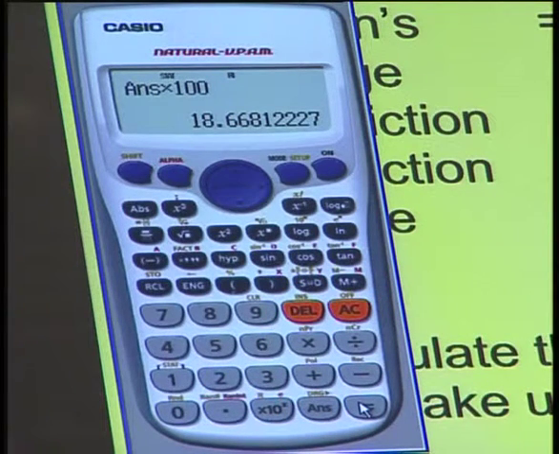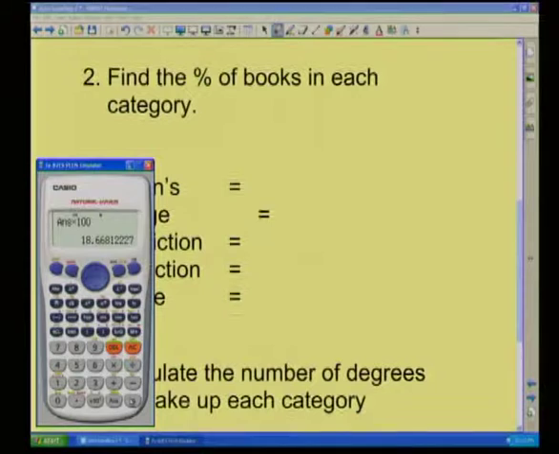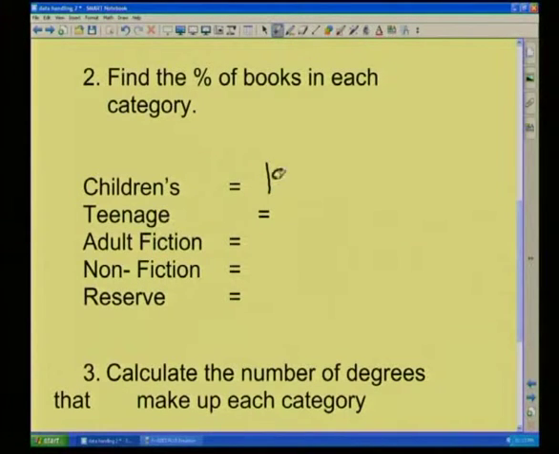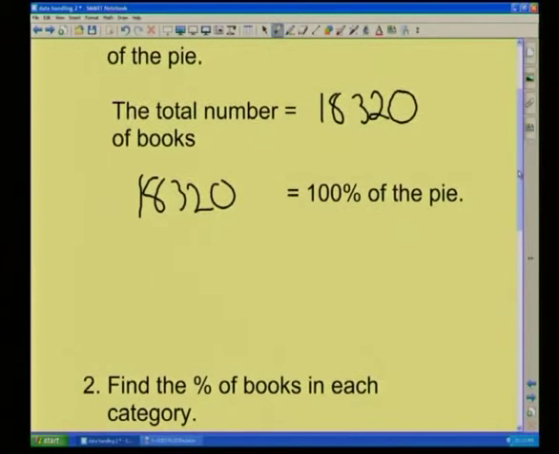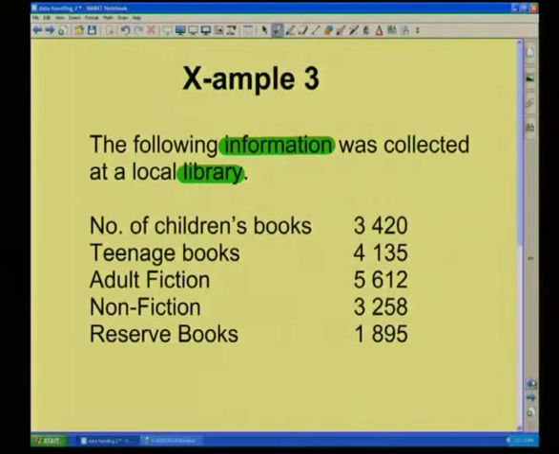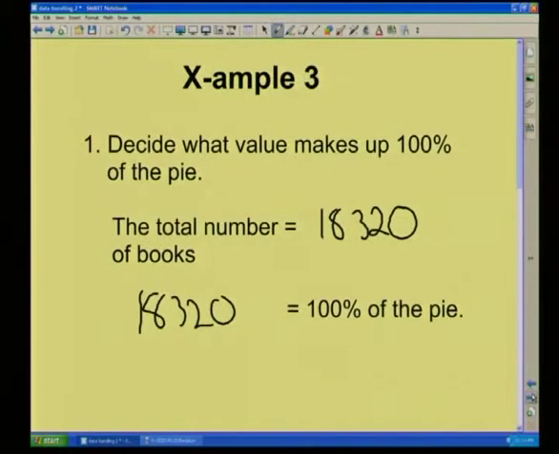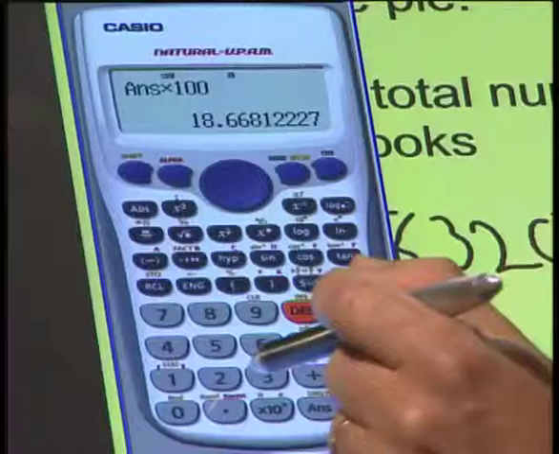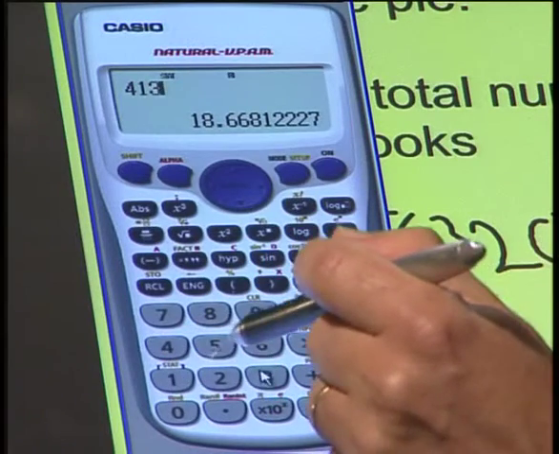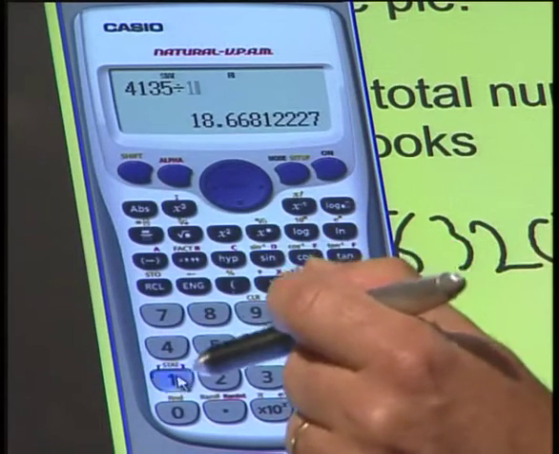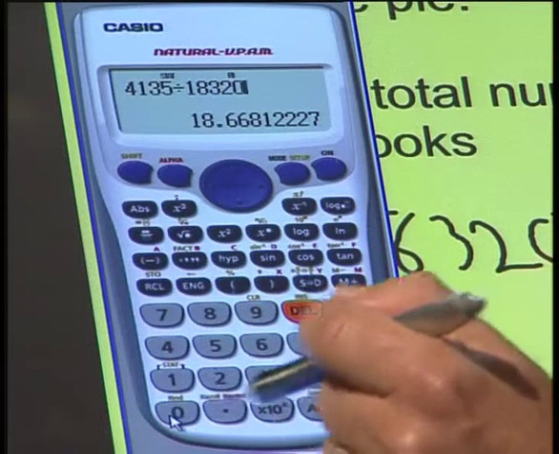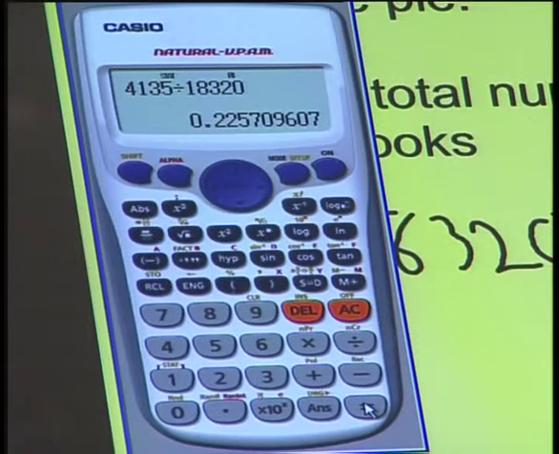That percentage is 18.7%. For teenage fiction, 4,135 divided by 18,320, 22.6%.